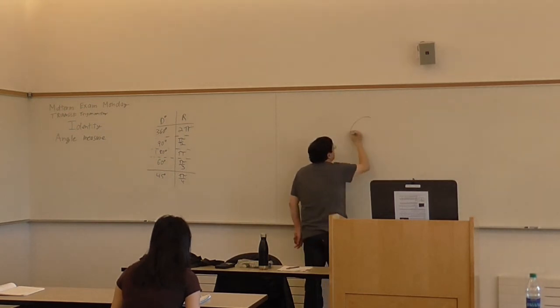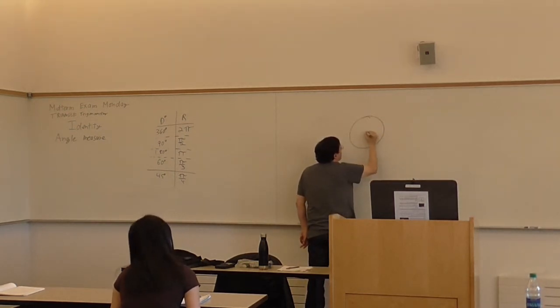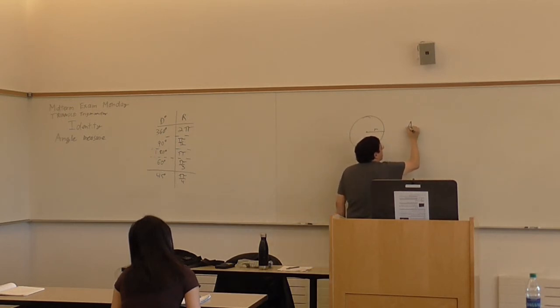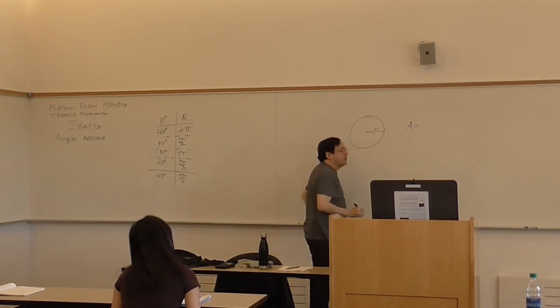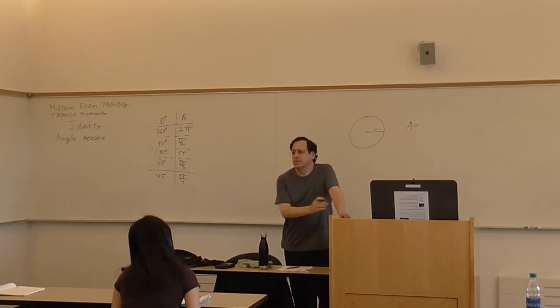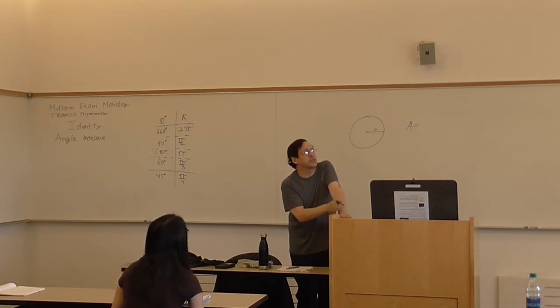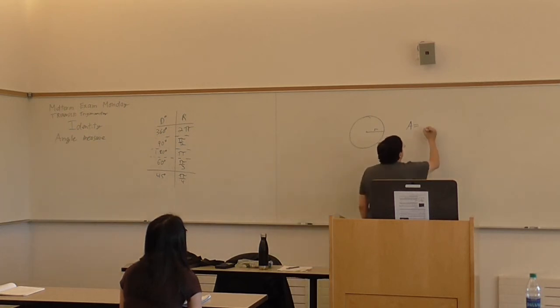I have a circle of radius r, and I want to know its area. Paul, you know the area of a circle, don't you? Is it pi r squared? It's pi r squared.